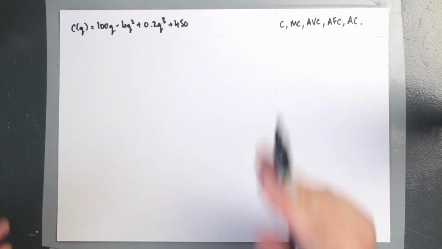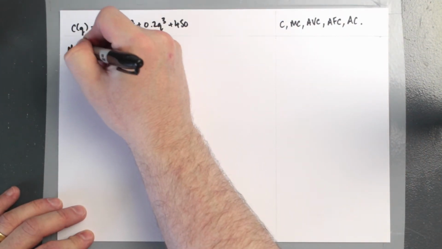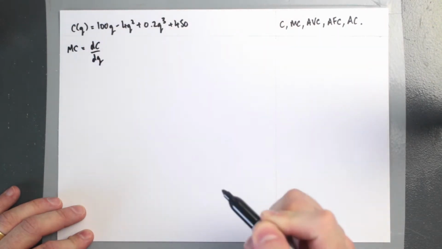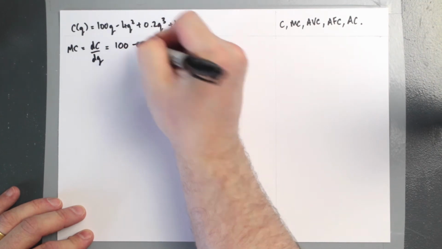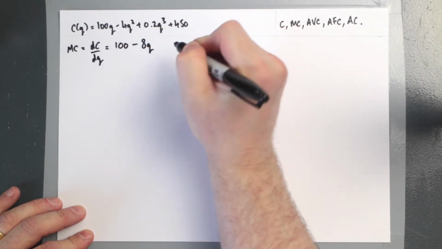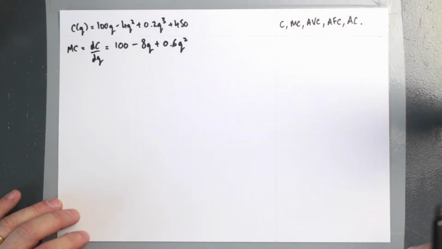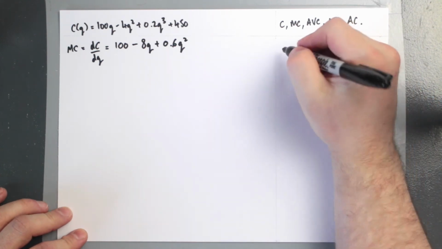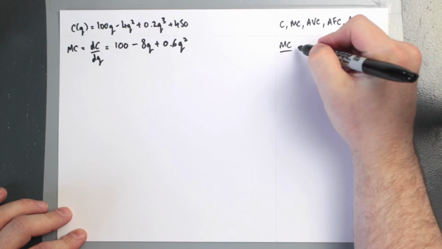Okay, so let's start by looking at marginal cost. We know the definition is the first derivative of the total cost function. So if I take that derivative, I get 100 minus 8q plus 0.6q squared. Okay, so that's the marginal cost function. Let's make some notes about what it looks like.